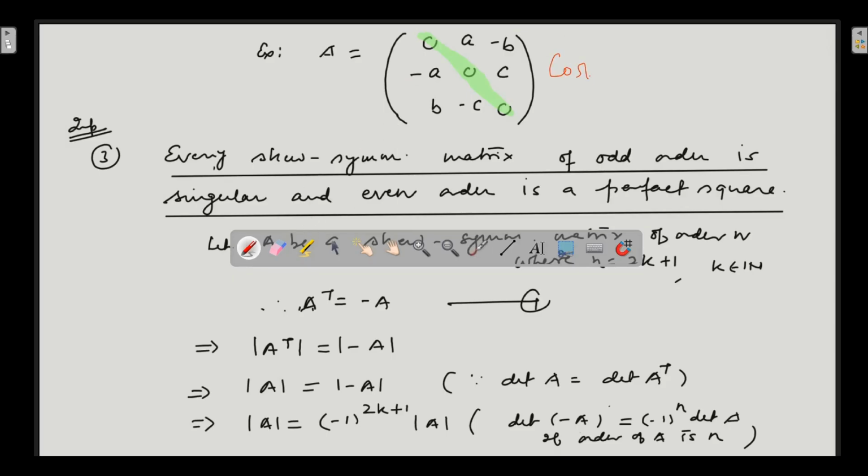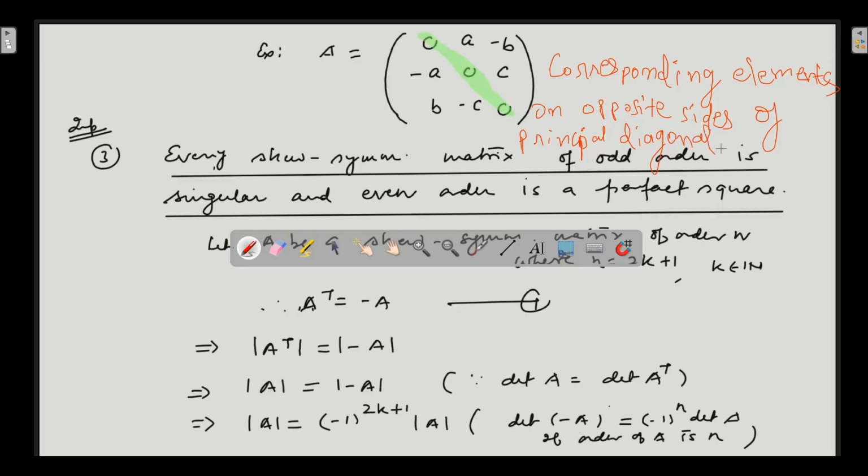What corresponding elements? Corresponding elements on opposite sides of the principal diagonal. So this element and this element are corresponding elements on opposite sides of the principal diagonal.